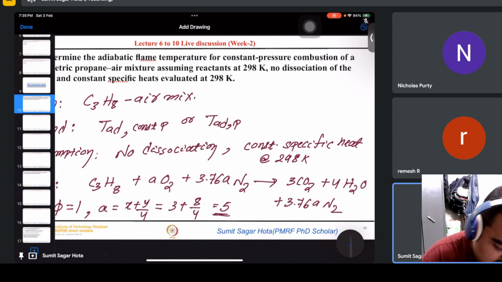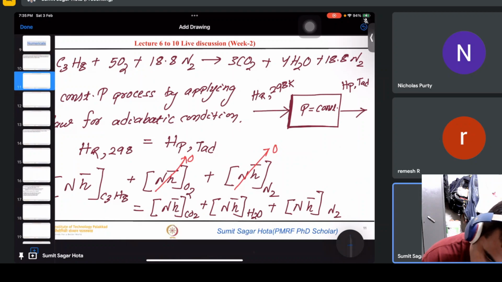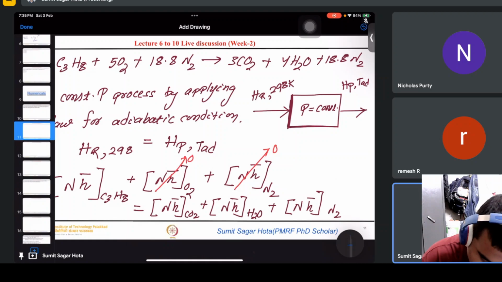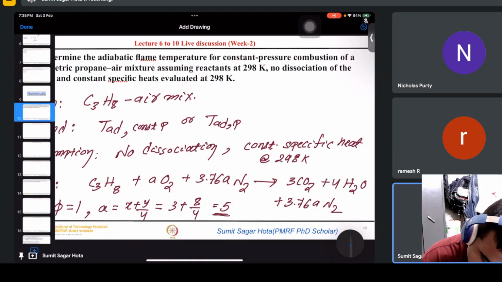Okay, here you see there is one difference. Here the temperature in the constant pressure case is both ways 298 Kelvin. You can see 298 Kelvin, but the specific heat is calculated at what?